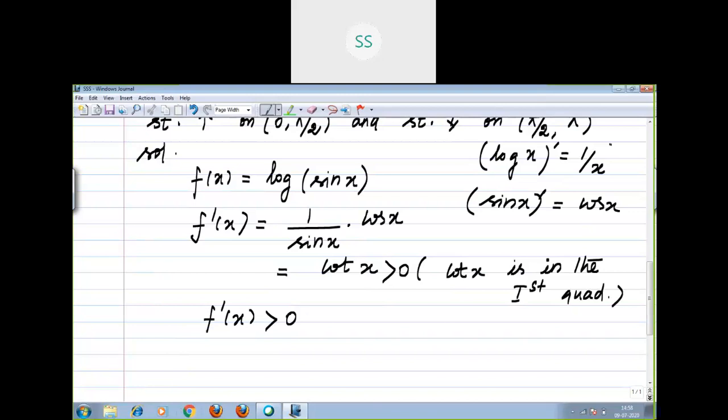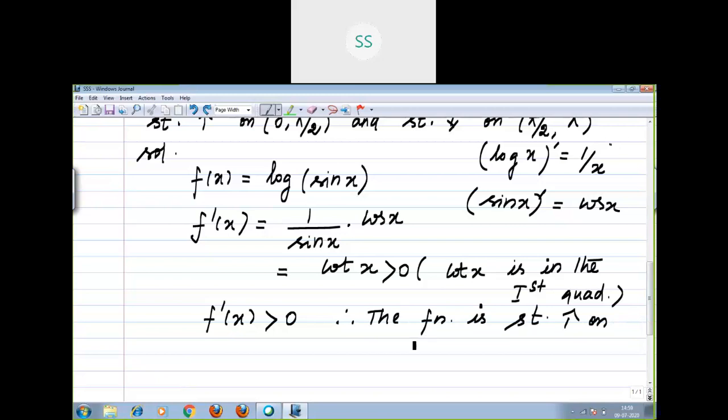That means f dash of x greater than 0. If you arrived at the result as greater than 0, what is the conclusion? Therefore, the function is strictly increasing on open interval 0 comma pi by 2, right? I'll write it in the next step, children.